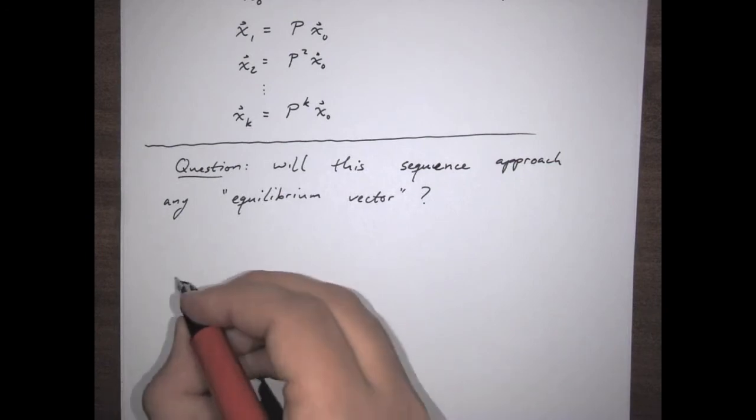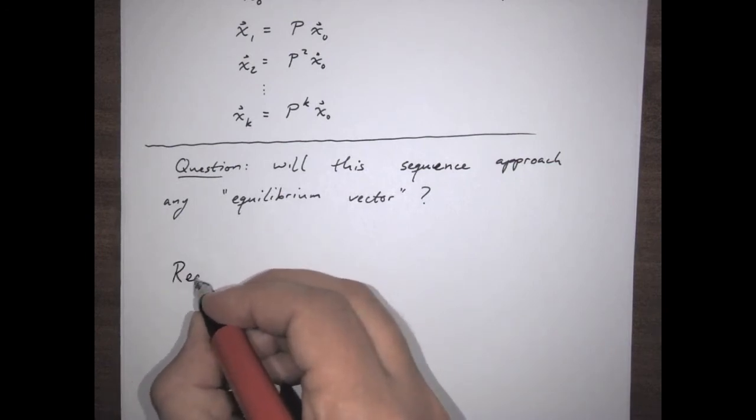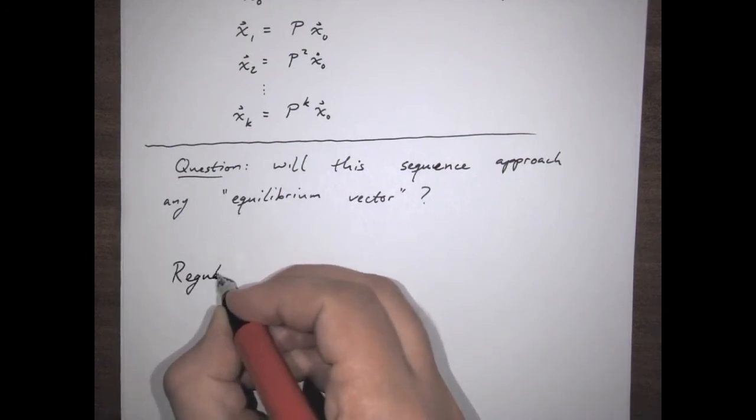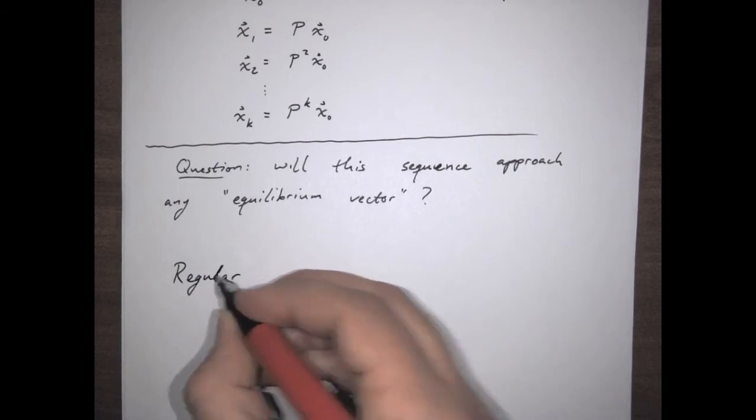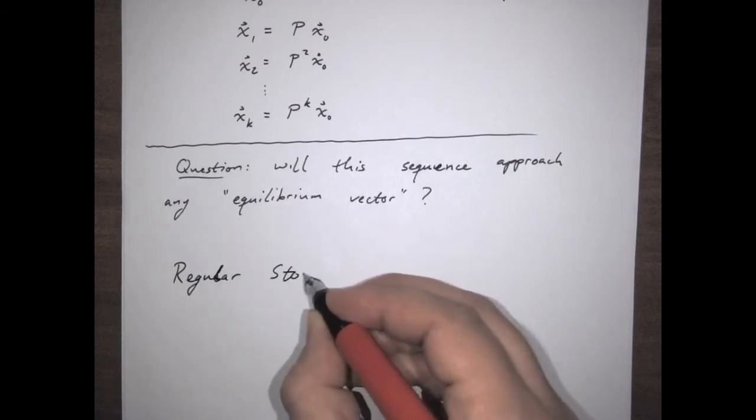So one more definition. Regular stochastic matrices.